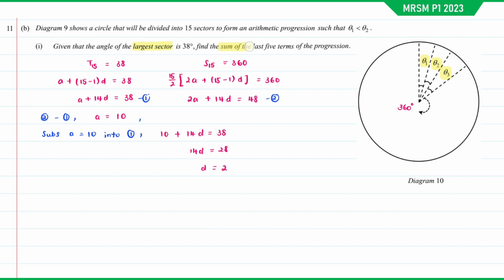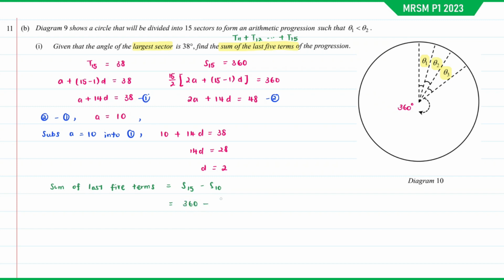Now, the sum of the last 5 terms is equal to T11 plus T12 until T15. This is equal to S15 minus S10. We know that S15 is equal to 360 degrees.